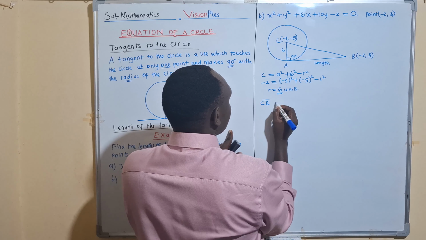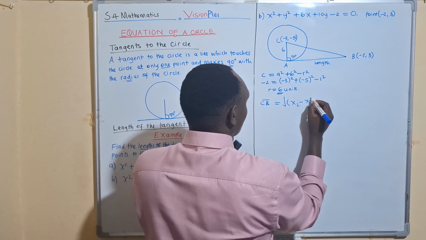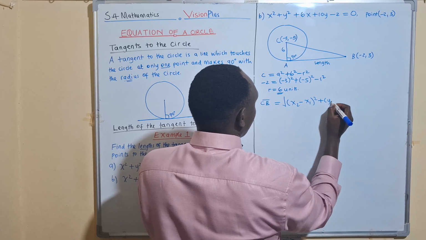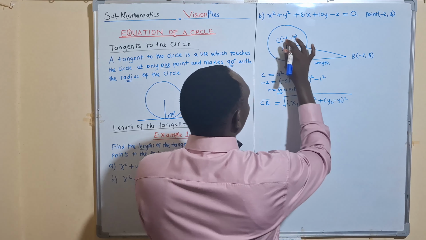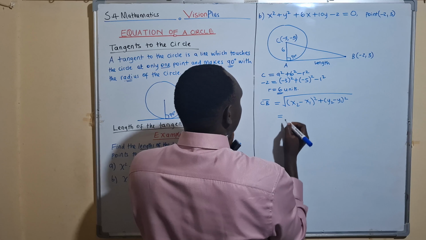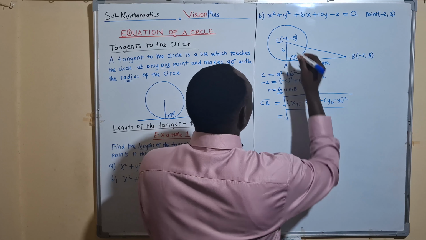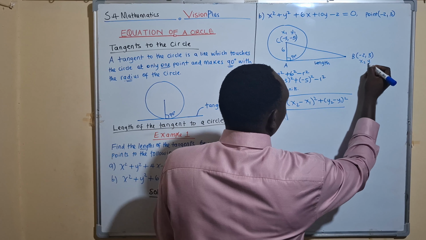The length CB is given by the square root of (x2 minus x1) squared plus (y2 minus y1) squared. That is the distance between two points, the center and point B. Then you name the points x1, y1, x2, y2.